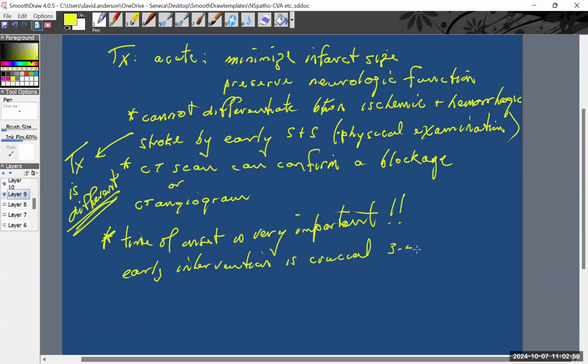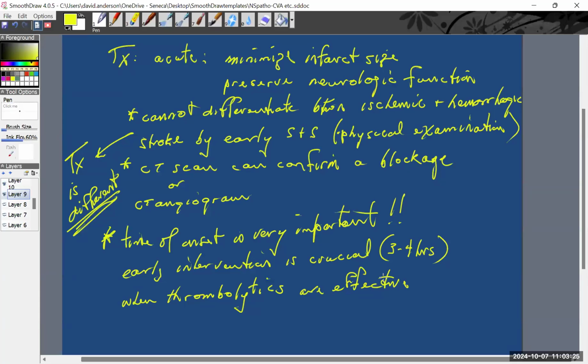So let's say 3 to 4 hours. So the thrombolytics can still be effective.